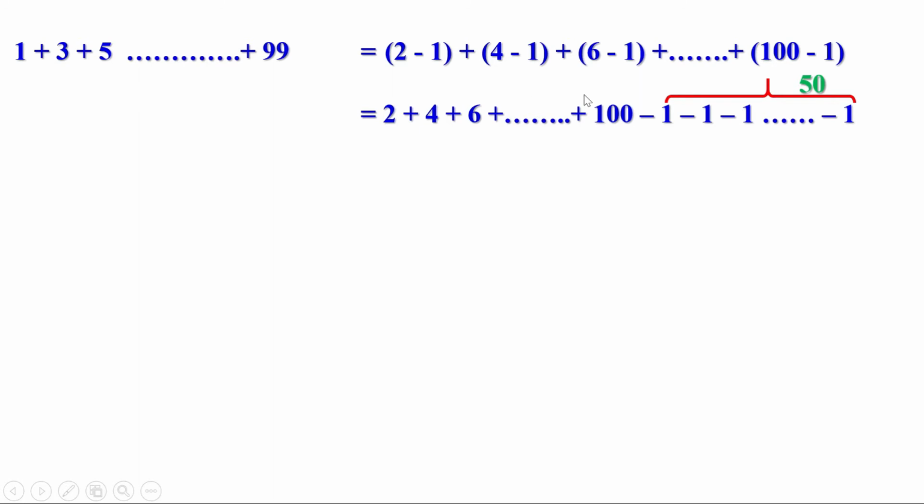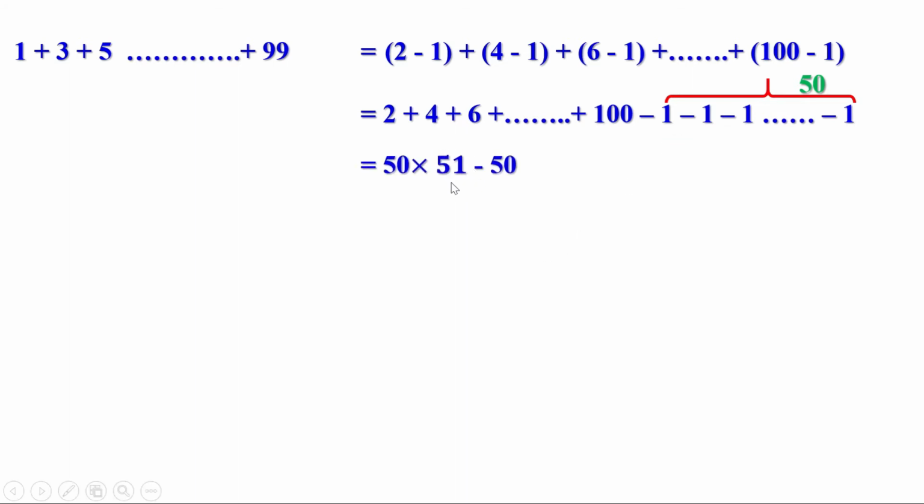Now this is sum of first 50 even numbers. We know that is 50 into 51. And what is minus 1, minus 1, minus 1 50 times? Minus 1 means minus 2. Minus 1, minus 1, minus 1 means minus 3. So minus 1 extra 50 times means minus 50. So this is 50 into 51 minus 50.